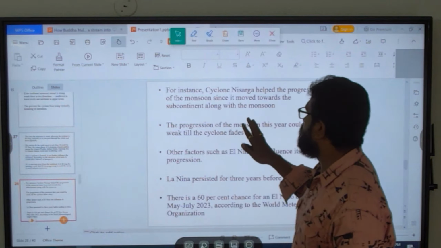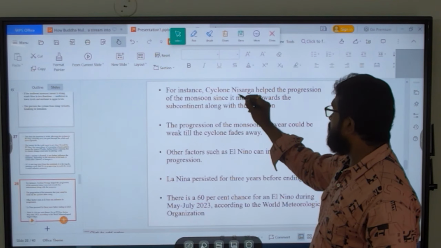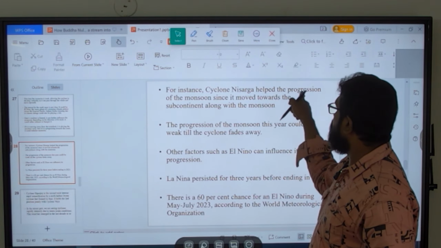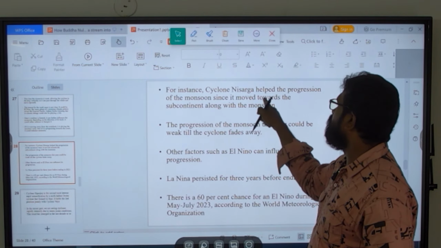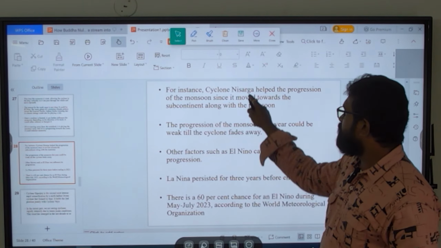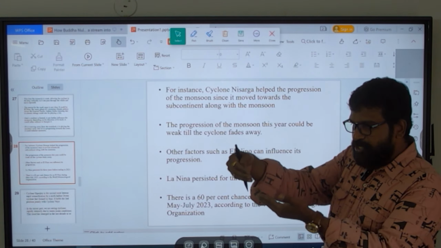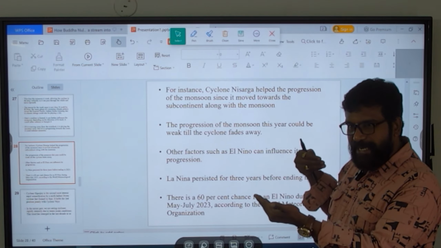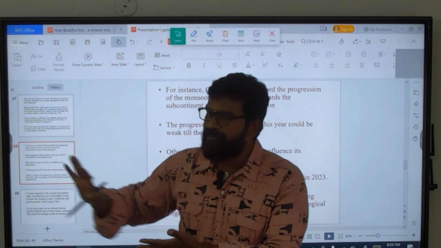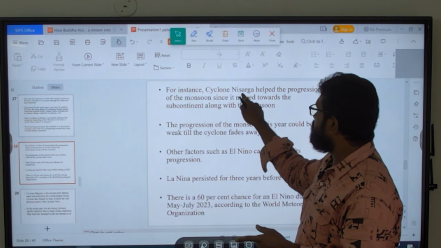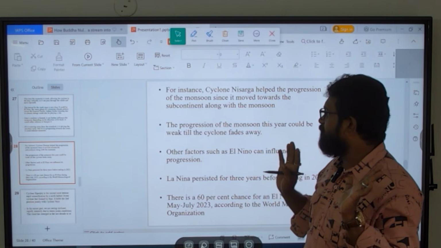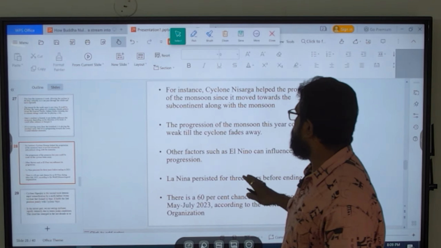For instance, cyclone Nisarga, the previous cyclone, helped the progress of the monsoon since it moved towards the subcontinent along with the monsoon. Nisarga moved towards the mainland, but Biporjoy moves away from the mainland. So Nisarga favored the monsoon, but Biporjoy does not favor our monsoon.